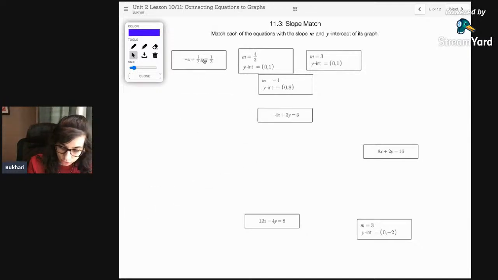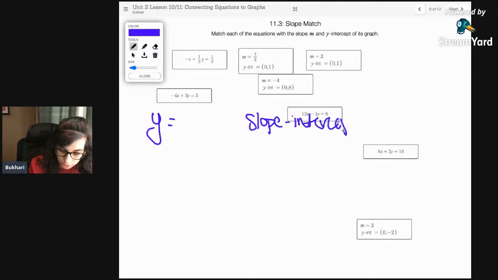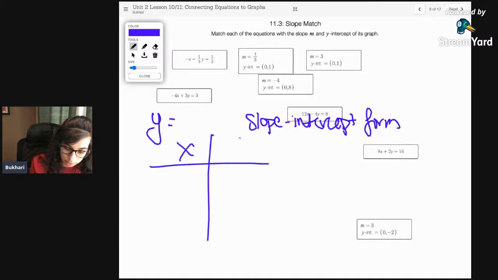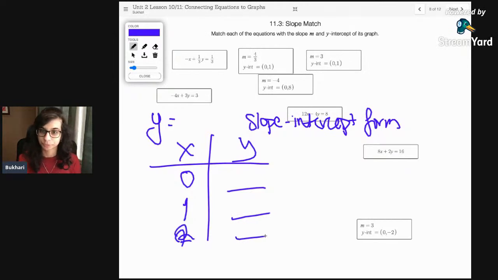If you don't know what the slope and the y-intercept is just by looking at it, you can either rearrange, solving for y, which is our slope-intercept form, or create a table, right? I have my x and my y. Let's see what's happening. If I have x equals 0, what is my y? If I have x equals 1, what is my y? If x equals 2, what is my y? And that should hopefully help you with figuring out what the slope and the y-intercept are.